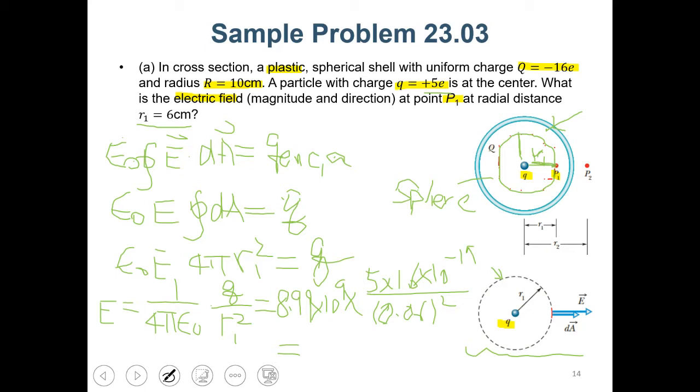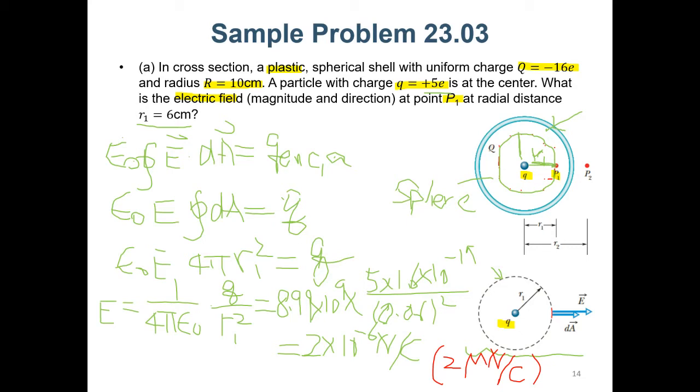So the answer will be 2 times 10 to the minus 6 N/C. Or you can write 2 micro N/C. You can choose either one. You don't really need to write both.